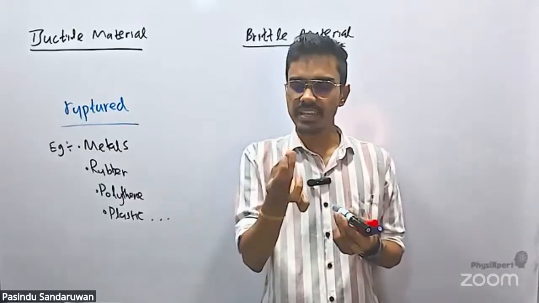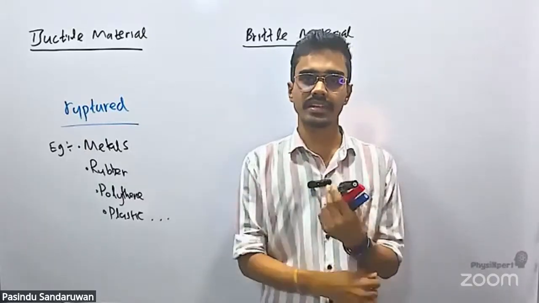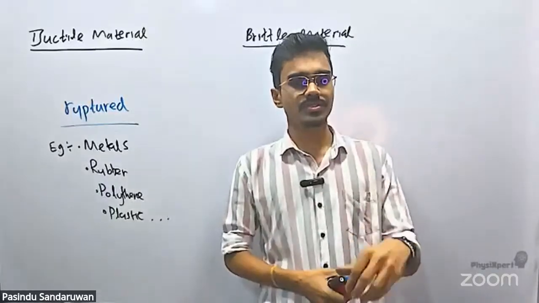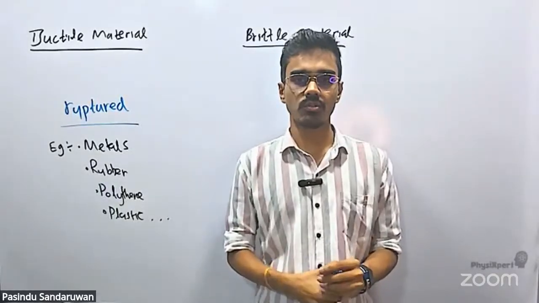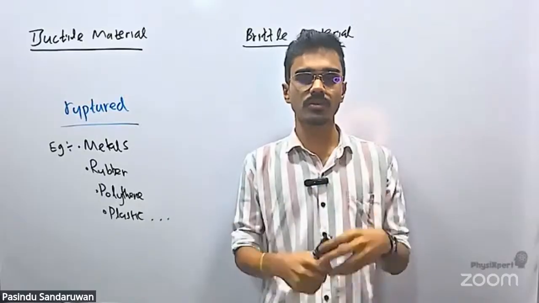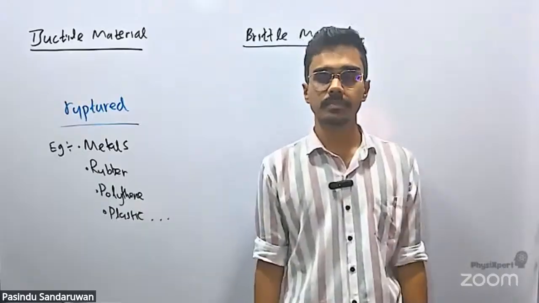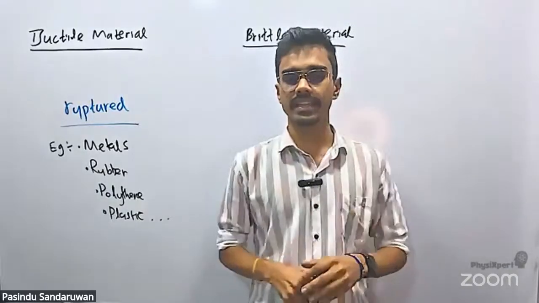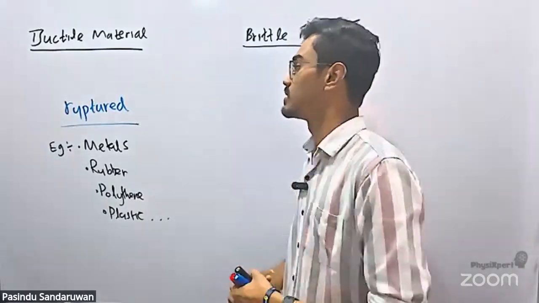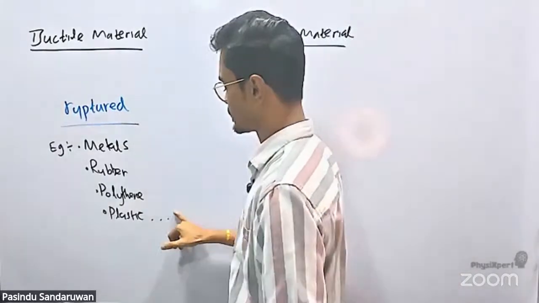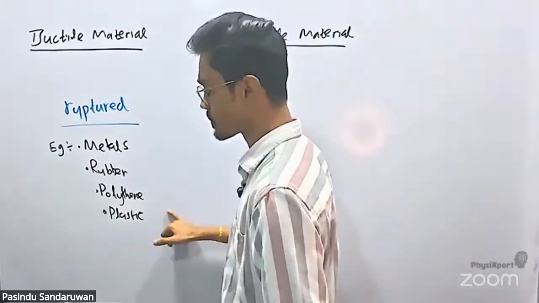They have a very small strain, almost no extension over original length, almost zero strain. Such materials are called brittle. Any examples for brittle material?